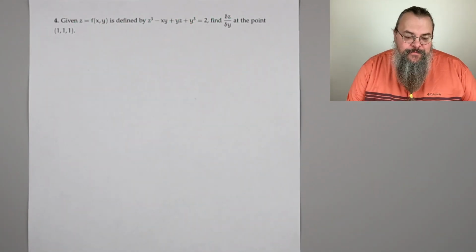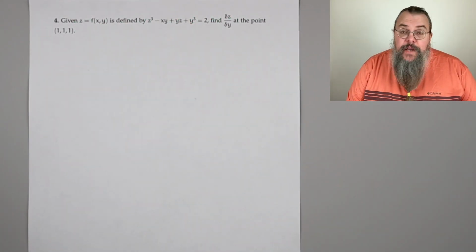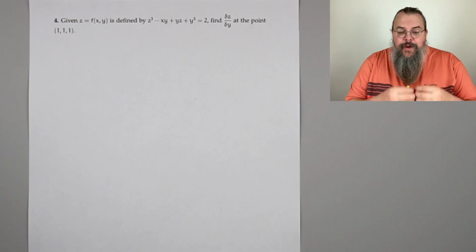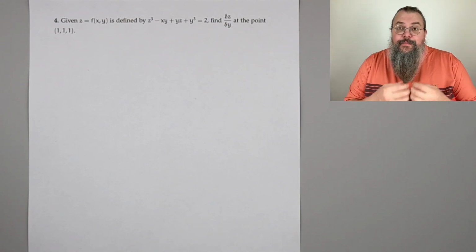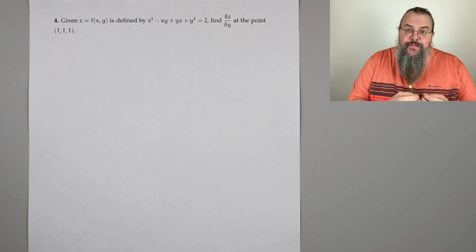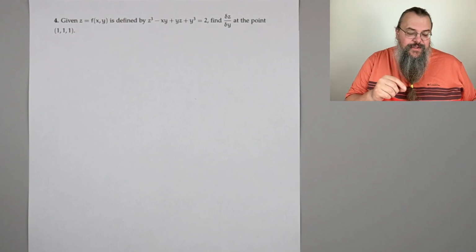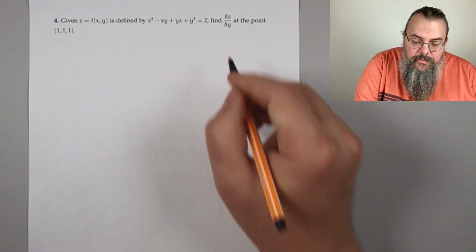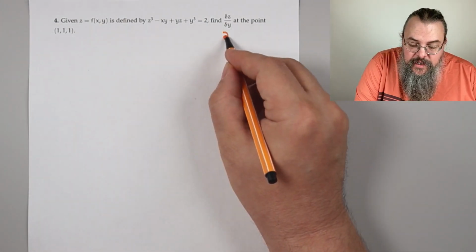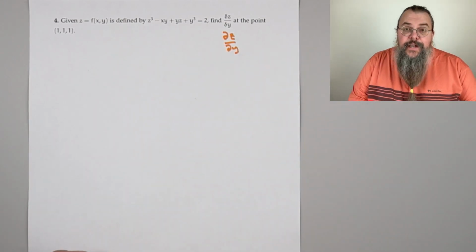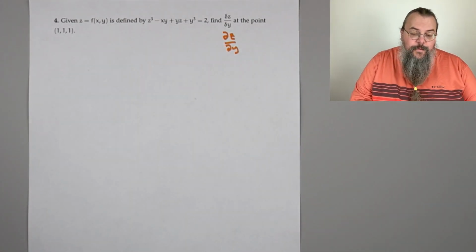Number 4. We're given z as f of x,y defined by z cubed minus xy plus yz plus y cubed equals 2. And we're asked to find, and they here use the symbol delta, and I'm more used to the partials. I'm partial to partials. Partial z, partial y at the point 1, 1, 1.